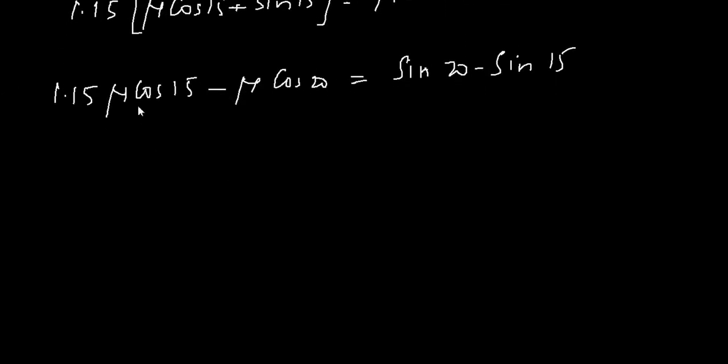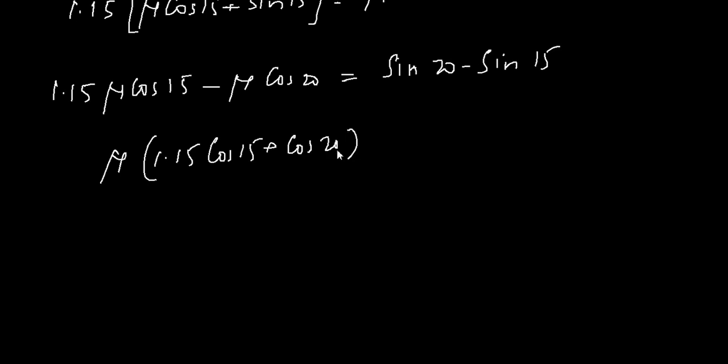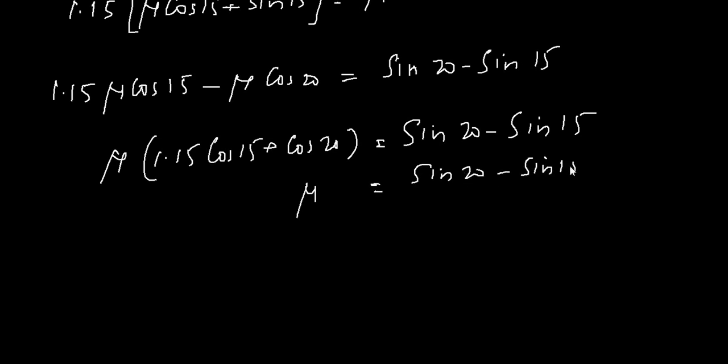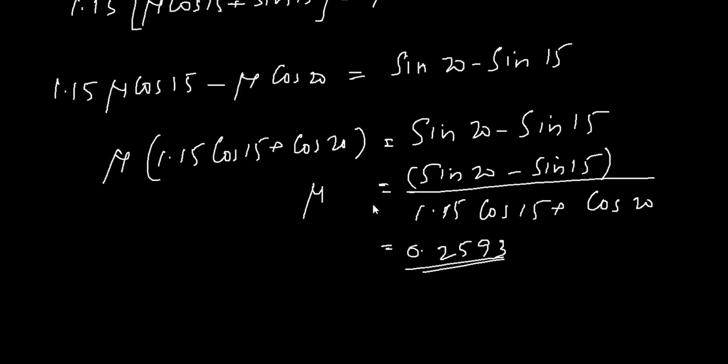You can take the mu out, and that will give you mu into 1.15 cos 15 minus cos 20 equal to sine 20 minus sine 15, or mu is equal to sine 20 minus sine 15 over 1.15 cos 15 minus cos 20, and after calculation that will give you 0.2593. So that is your coefficient of friction.